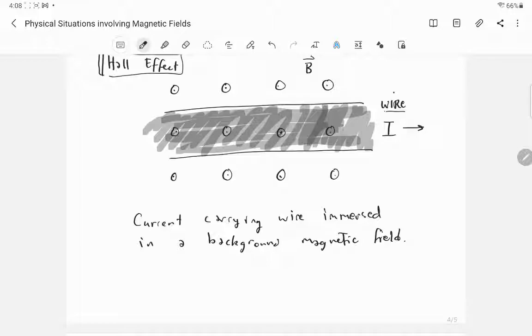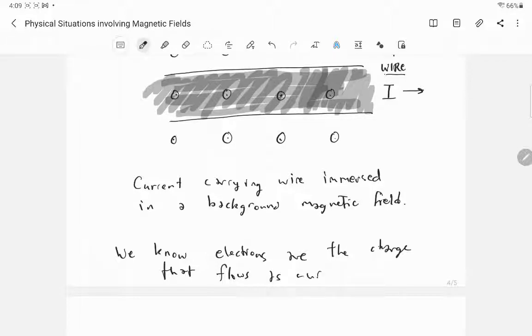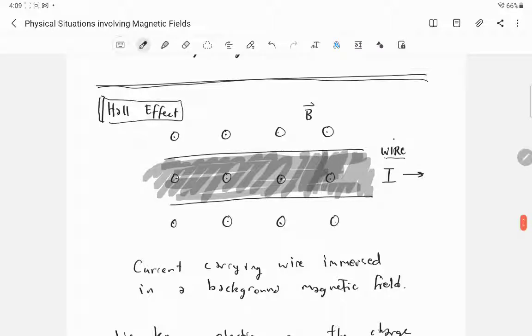Okay, so we know electrons are the charge that flows as current on wires. And one of the ways that we can be confident that is the case is because of the Hall effect.